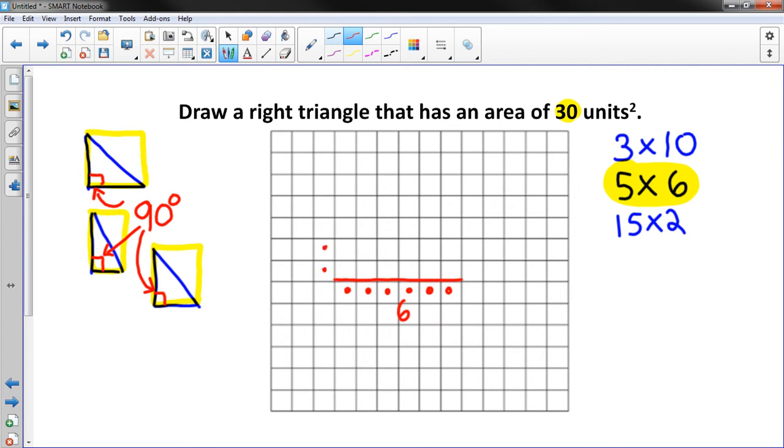And 1, 2, 3, 4, 5. It's got a height of 5, like that. Now imagine there's a rectangle here, and that rectangle would have an area of 30. But if I cut it in half, it'd have an area of 15. Okay, now I have a problem. Because if I cut 30 in half, I have 15. So I need to make this bigger. So we've got to think about this a little more.